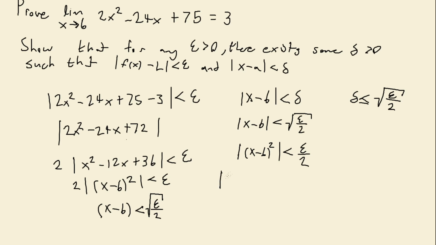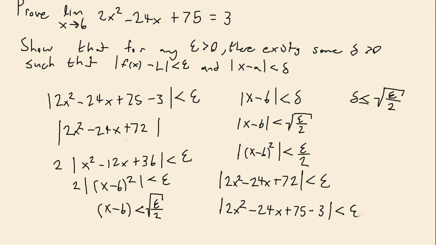We get the absolute value of 2 times x minus 6 squared, which is 2x squared minus 12 times 2 is 24x, and then 36 times 2 is 72, plus 72, is less than epsilon. And we can rewrite this as plus 75 minus 3. That's equal to the same thing, minus 24x plus 75 minus 3, is less than epsilon.